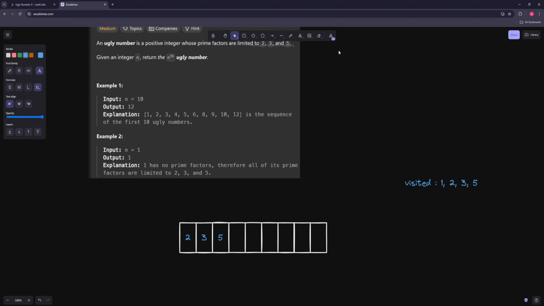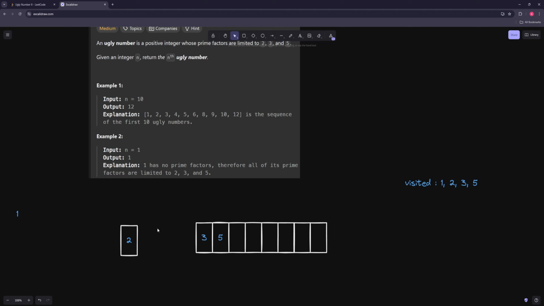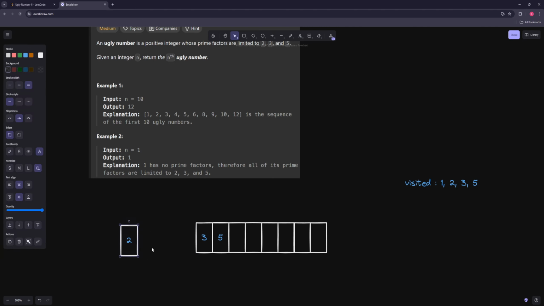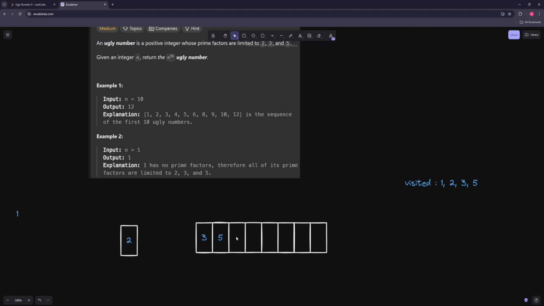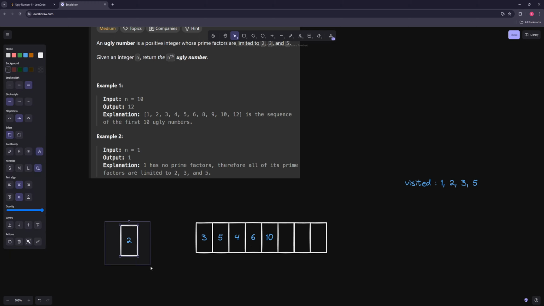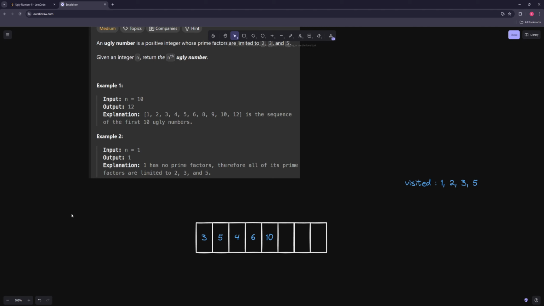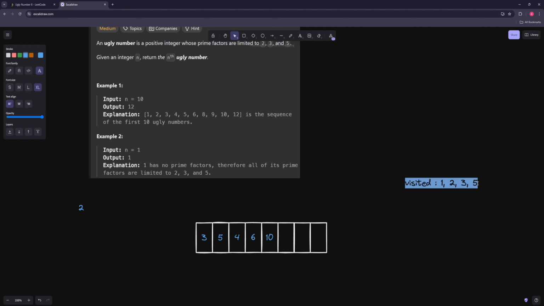We've popped 1 number so far, so let's keep track of that. Then we pop the 2. From the 2, we can make 4, 6, and 10, so let's add those as well. Now we've popped 2 numbers, and we have 3, 5, 4, 6, 10.